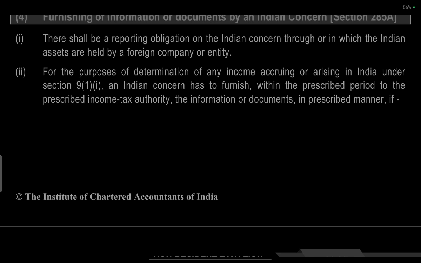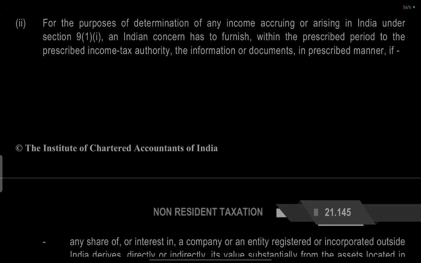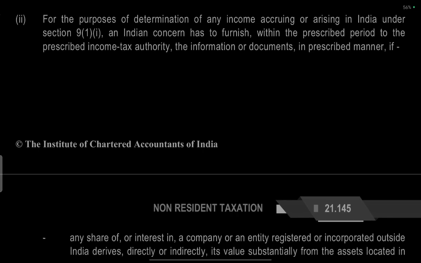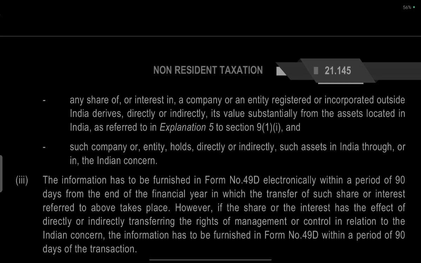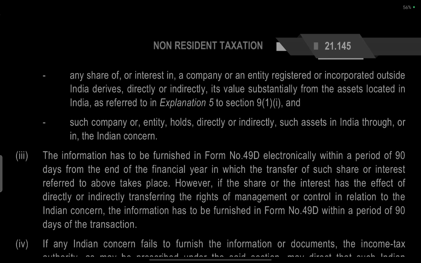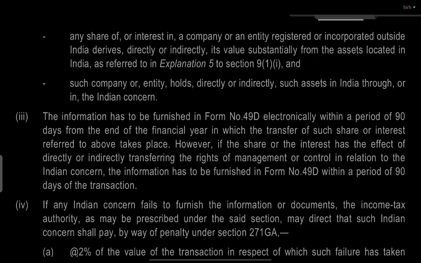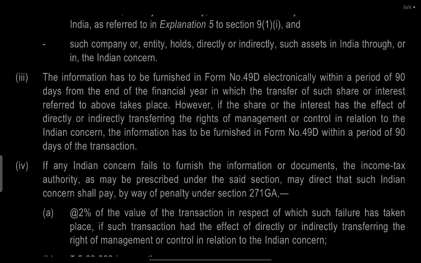For the purpose of determining any income assessed or arising in India under section 9(1)(i), the Indian concern has to furnish, within the prescribed period to the prescribed income tax authority, the information and documents in the prescribed manner, if any shares or interest in a company or entity registered or incorporated outside India derives directly or indirectly its value substantially from assets located in India, as referred to in Explanation 5 to section 9(1)(i), and such company or entity holds directly or indirectly such assets in India through its Indian concern.